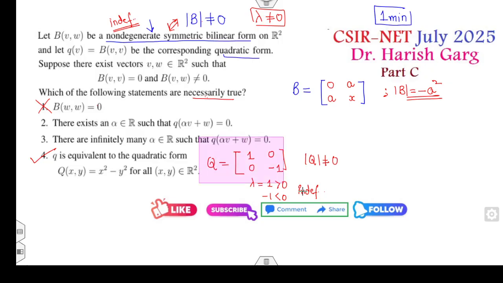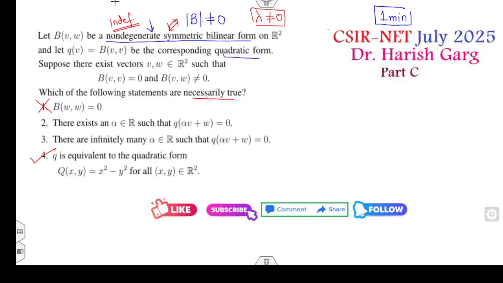Now, look at the third option. There exists alpha belonging to R such that Q of alpha V plus W is equal to 0. What is Q? Q of alpha V plus W is equal to 0.